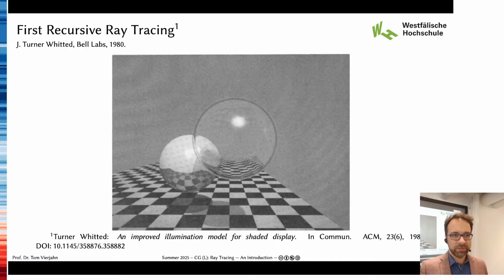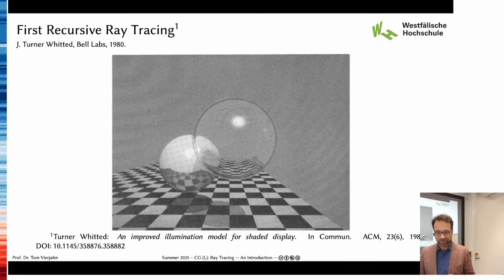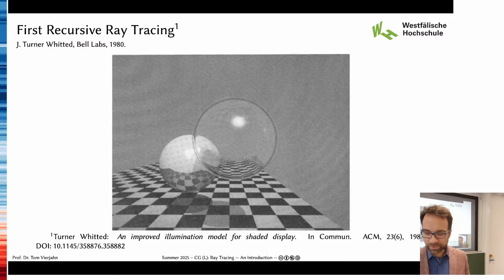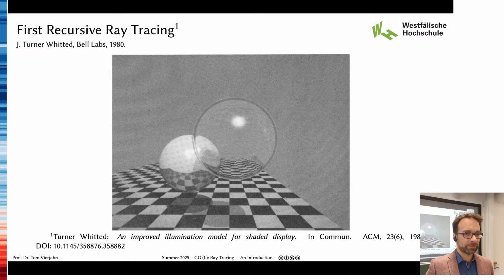Well, special if you consider that one sphere was reflecting the light and the other was transparent and also considered refraction. And this is hard to achieve with rasterization. And this image, there's also a color version available if you look it up on the internet. This image was pretty revolutionary.